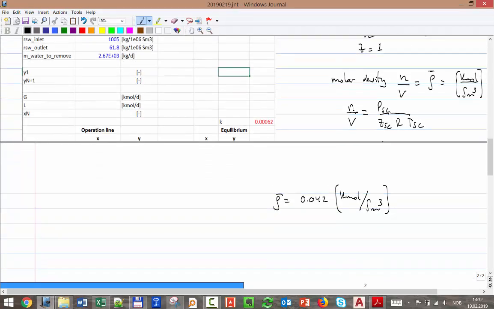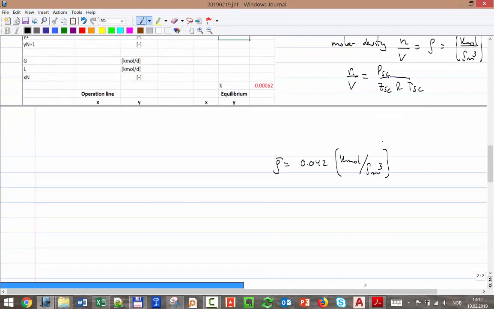Then we have to multiply the molar rate of gas, which is Q of gas, times the molar density of gas. So that is 2.83 times 0.042.